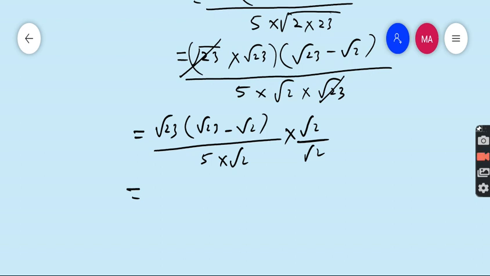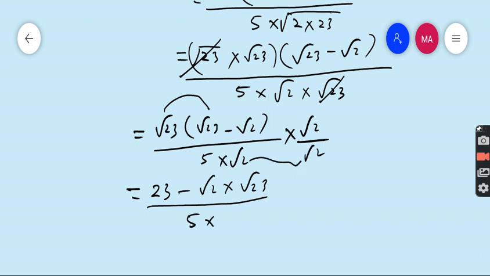23 root 2. Now multiply 23 by root 23 is just 23. Okay, root 23 by root 2 is root 2 into root 23. Okay, upon 5 into this root 2 by this root 2 is 2, and this root 2 doesn't change.